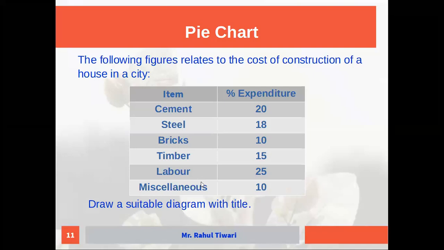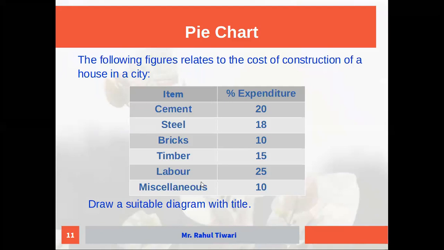If you see this question, it is similar to your simple bar diagram: one variable, one data. But what is the difference between this and the simple bar diagram? Here the items are all related.